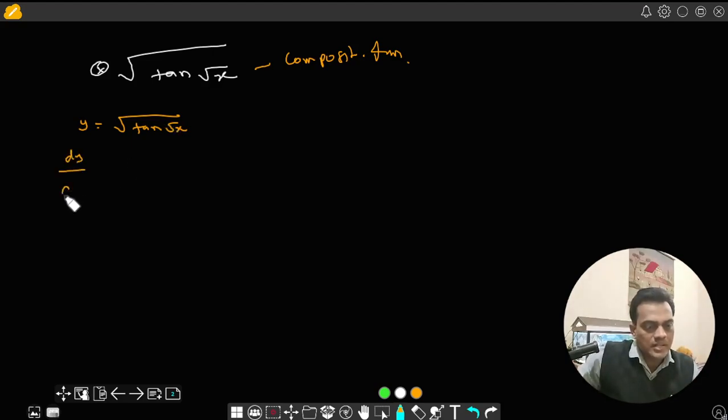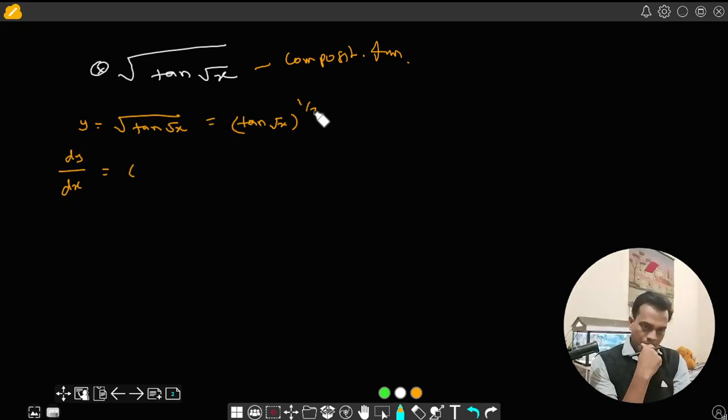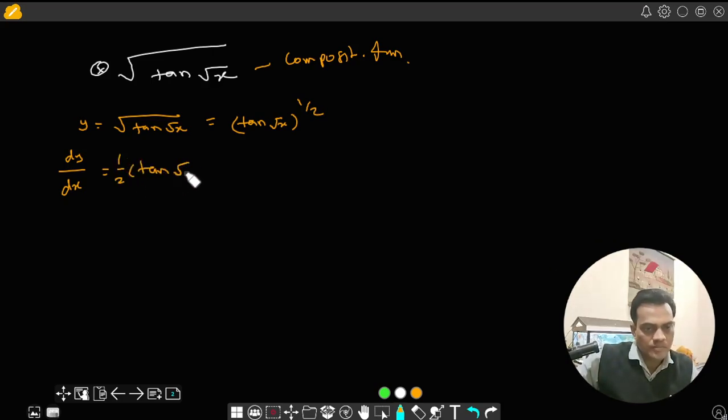So dy by dx is equal to, it is a square root, so we can write it as tan of square root of x raised to 1 by 2. Okay, so the power will come in multiplication and its power will be reduced by 1.